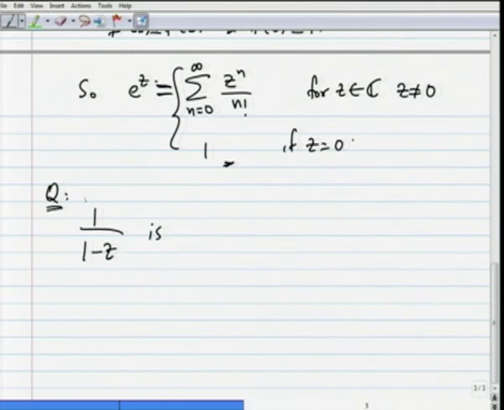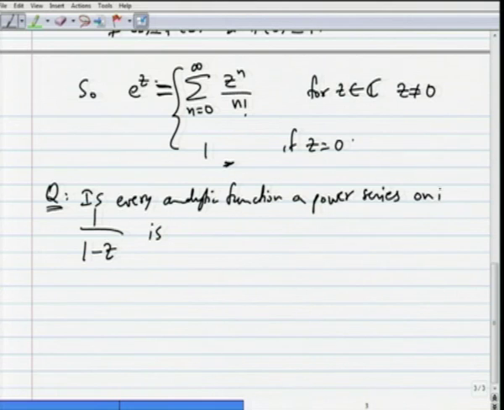Question: is every analytic function a power series on its domain of analyticity? That is the question.